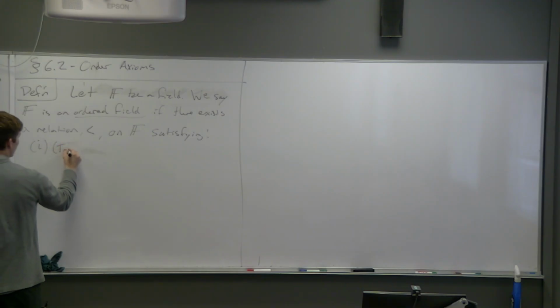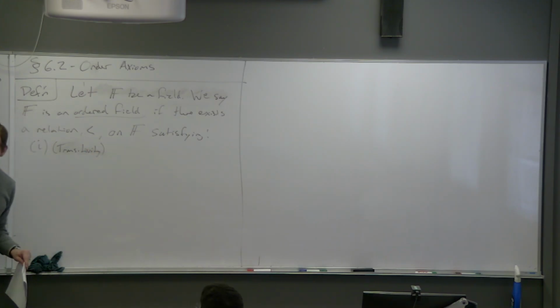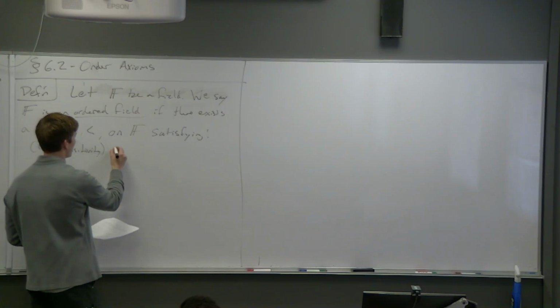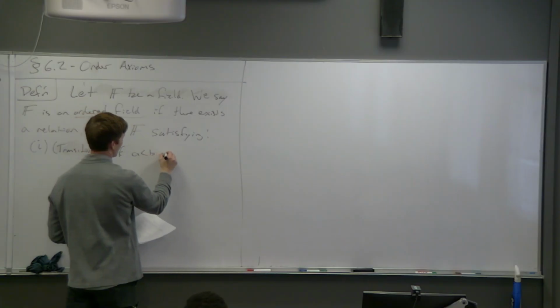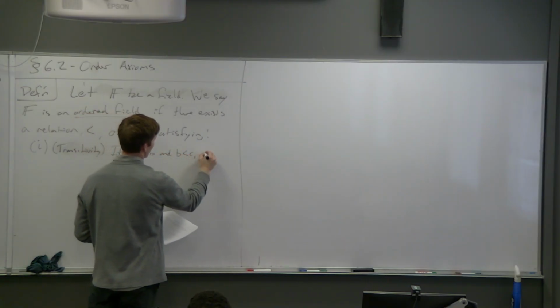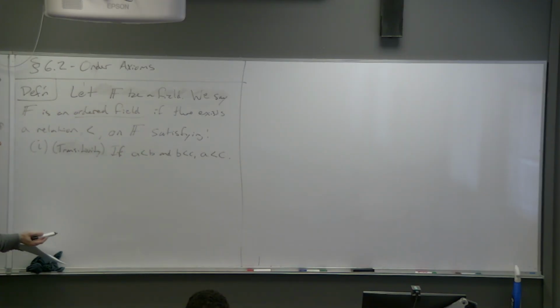This is called transitivity. We've already talked about transitivity for relations, but just to be clear, if A is less than B and B is less than C, A is less than C. Okay, cool. You can chain them together, get strings of inequalities.